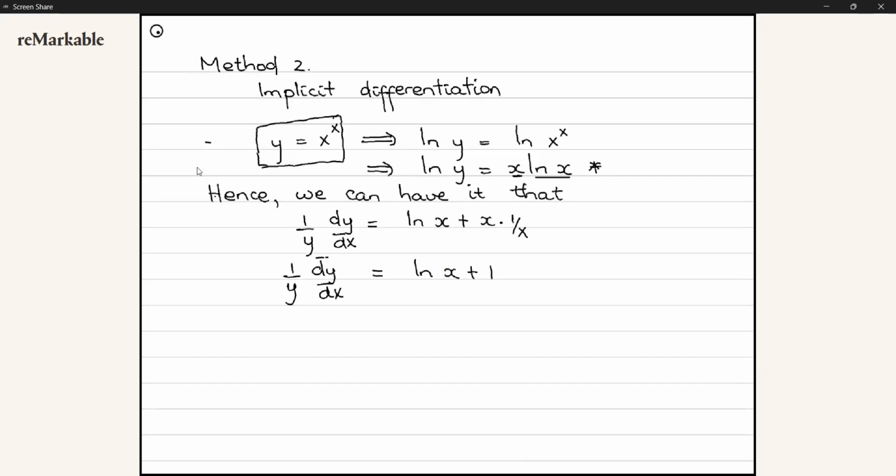And for me to get dy dx, I just need to make it the subject of the formula. dy dx will simply be y times natural log of x plus 1. But y is x to the power x. And that becomes x to the power x times natural log of x plus 1.